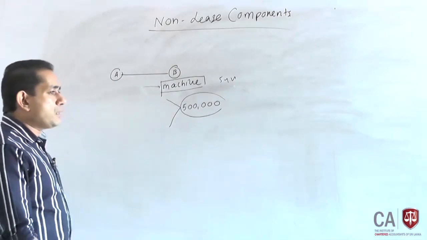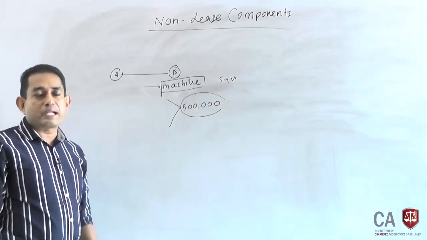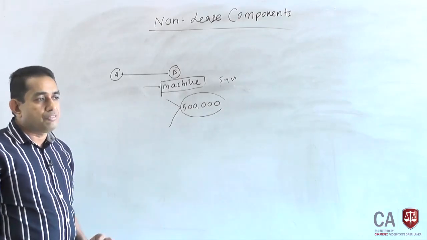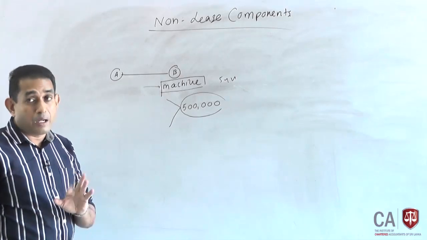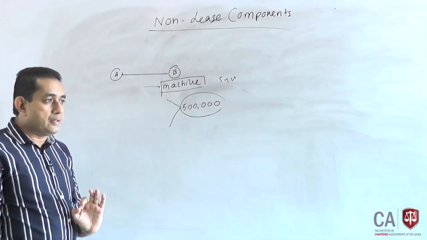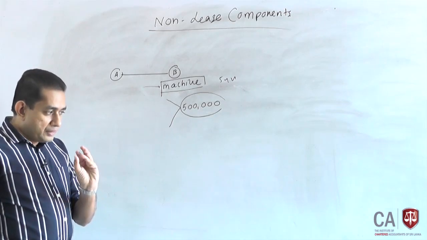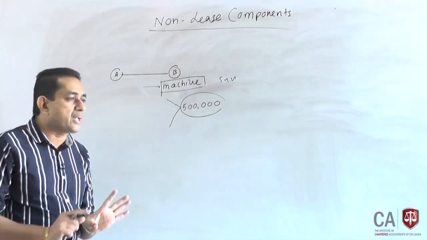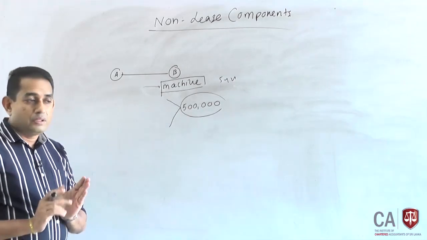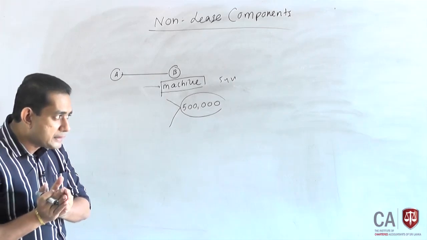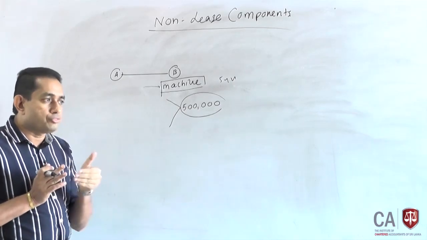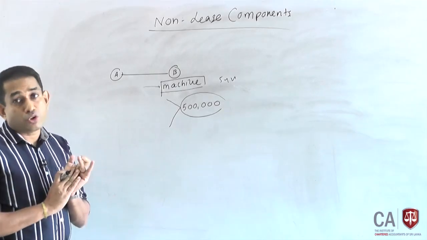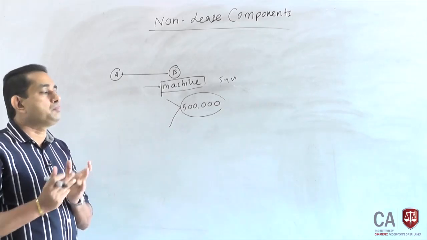How do we separate out the lease components and non-lease components? Very simple. You can again apply SLFRS 15 knowledge. You can remember how you segregated the transaction price among different performance obligations. You can use the market information. Basically, we are using standalone prices. Standalone prices can be of different categories: market price, adjusted market price, cost plus markup, and residual approach.